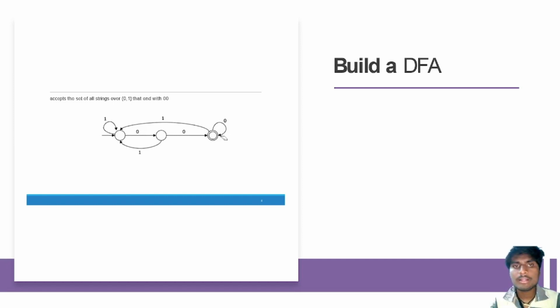For the other input, 1, we can't give a self loop because it would be an error, as the question requires ending with 0 0, so we give it a backtrack. If we give it to the previous state, it will also miss the 0 0 condition, so we give it to the initial state itself. Then it will be manageable, and the machine will accept whichever strings end with 0 0.